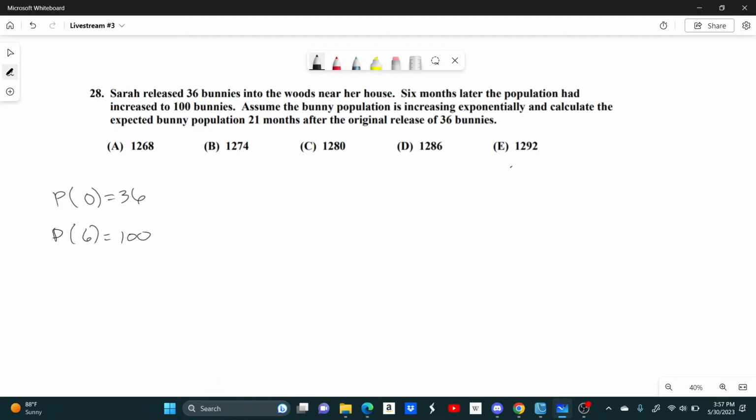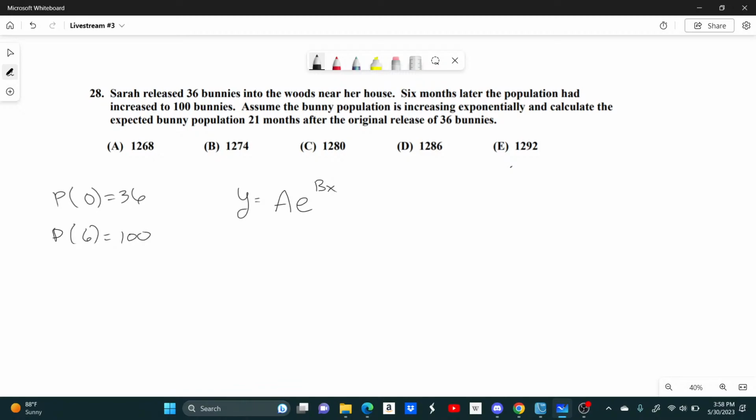So the general form for an exponential is y equals some constant out front times e to the bx. That's just the general form of an exponential. This a is like a starting point, and this b is like a measure of how quickly it's growing.